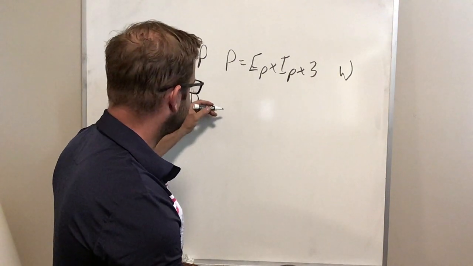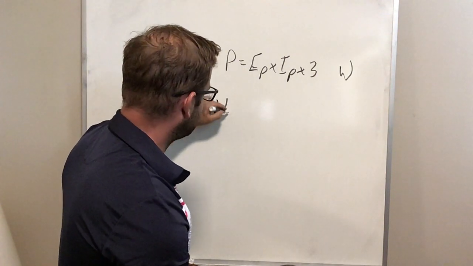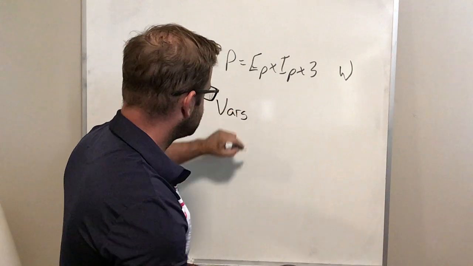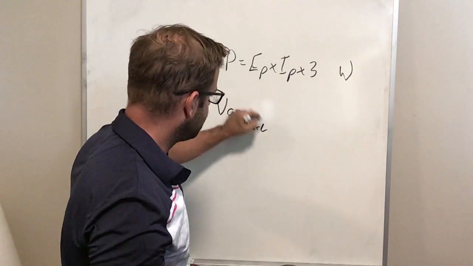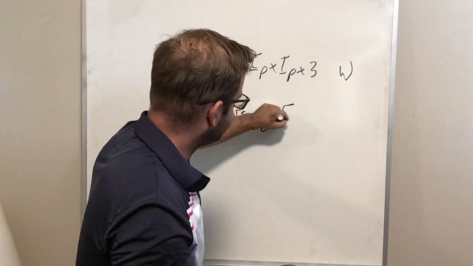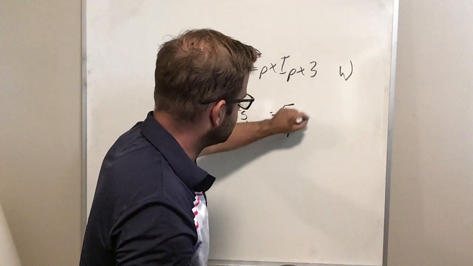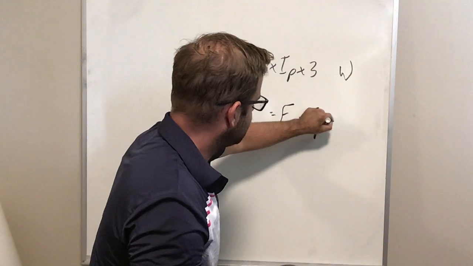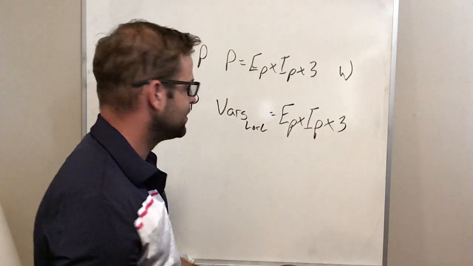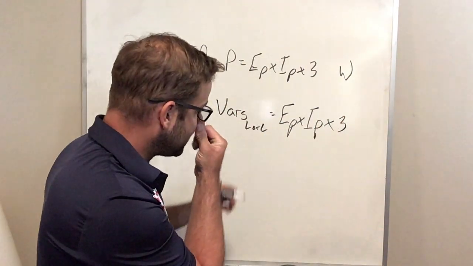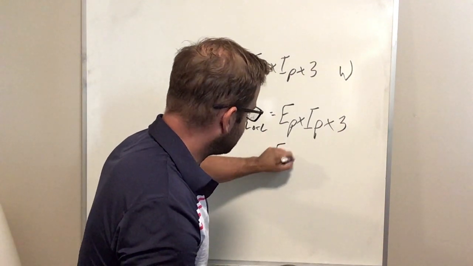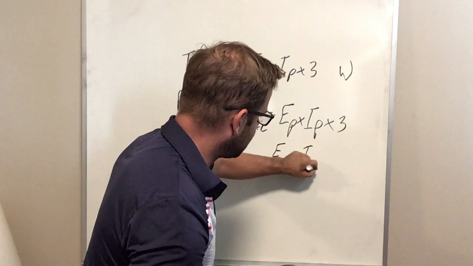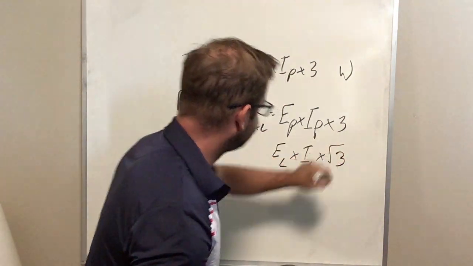When we have a reactive power, that's going to be measured in VARs. So it'll be VARs L or VARs C, and that formula is still E phase times I phase times 3. And it's the same if you're using line values. If you're using line values, this would be E line times I line times root 3.